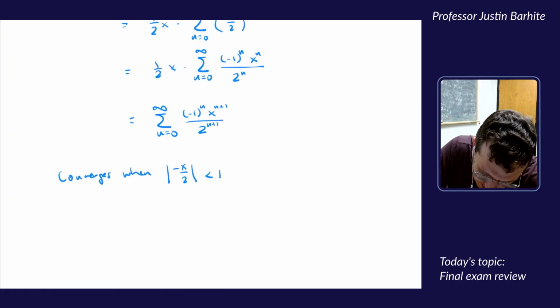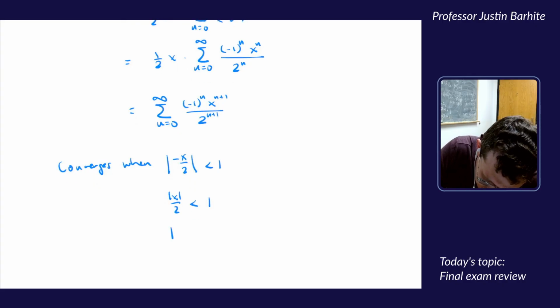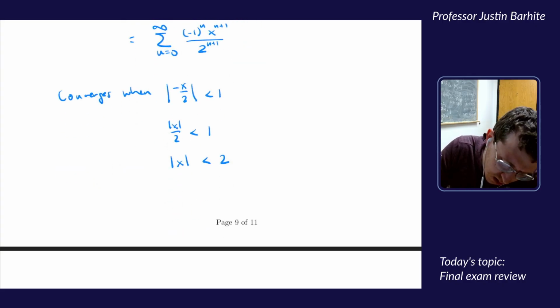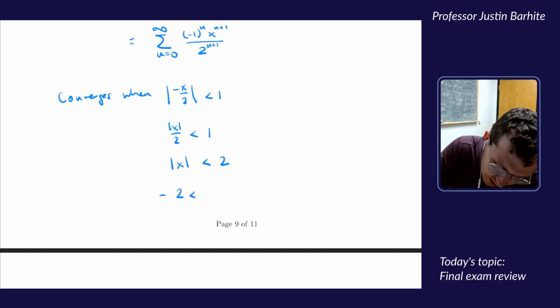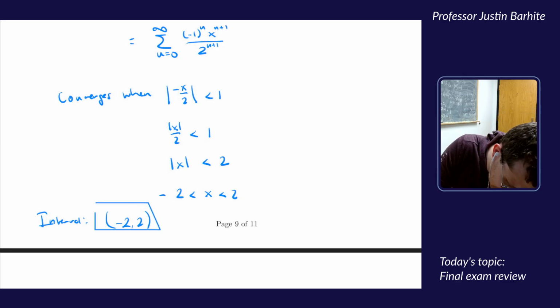So that's the same thing as the absolute value of x over 2. So absolute value of x is less than 2, and that means -2 is less than x is less than 2. So the interval of convergence is -2 to 2, not including either endpoint.